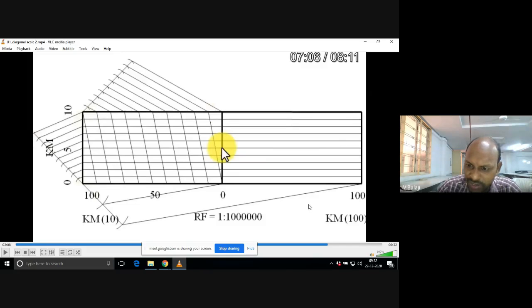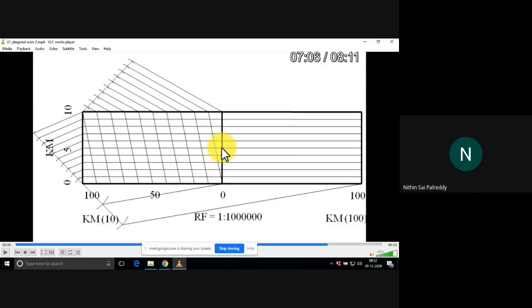If it is 110, where will you stop? This is 100, along this line, you would have 110 at this point. Yes or no? Yes, sir.